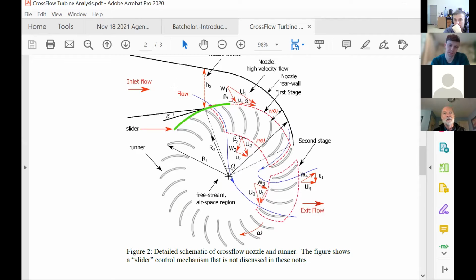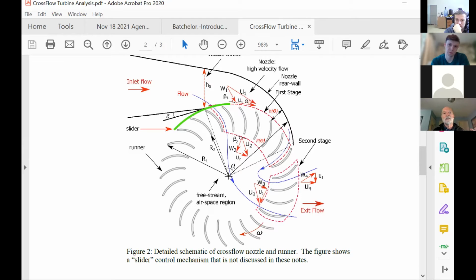So what we need to do with the nozzle of the Crossflow turbine is to convert the available head into kinetic energy of the water that enters the turbine. And we're going to see in the next lecture that that's exactly the same principle that is used for the Pelton turbine.